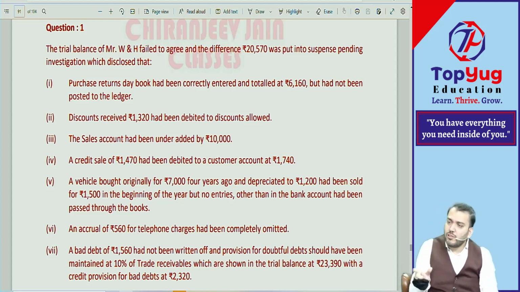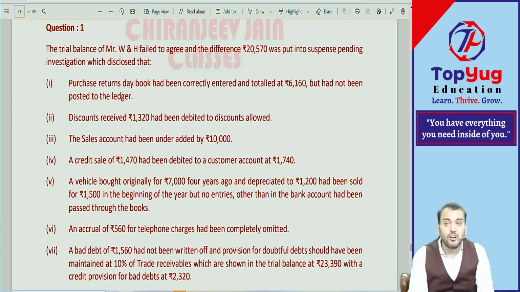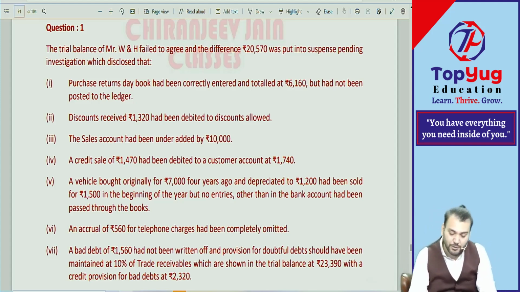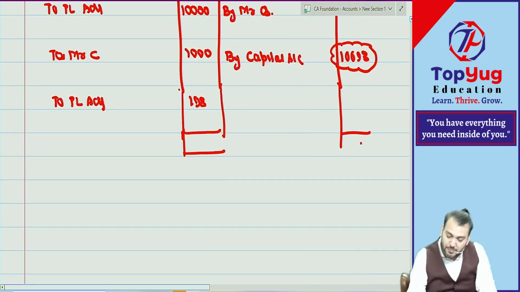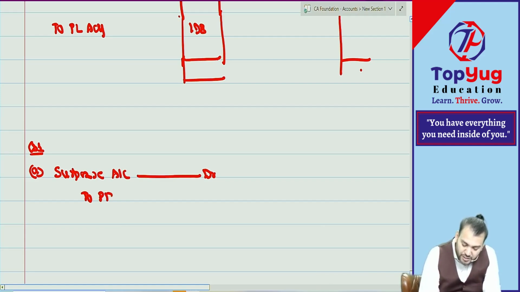At the end we post only the total in the purchase return account. So only the purchase return account is not posted. From the information it is understood that it is a one-sided error. What journal entry will we do? We are doing question number 1, point A. It will be suspense account debit to purchase return account. What is the amount?